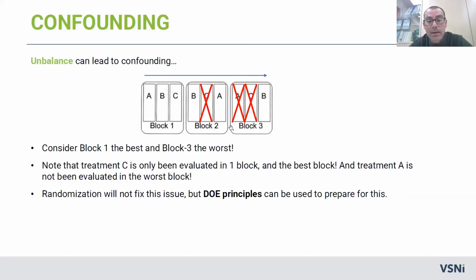It might mean that you need to eliminate one block in your analysis, or you use some more sophisticated analysis to control for this, or you just have to throw away the whole experiment because of this sort of confounding. So it's very important because otherwise it will create issues.